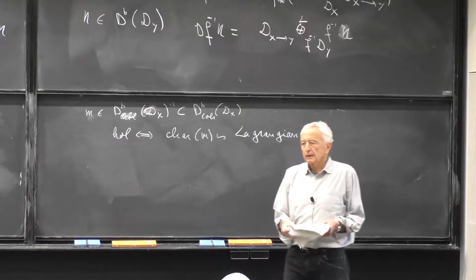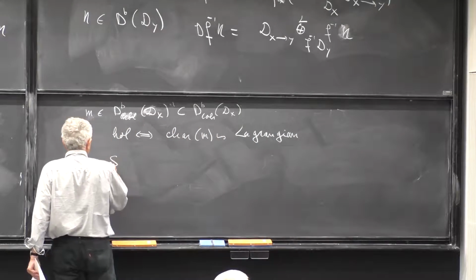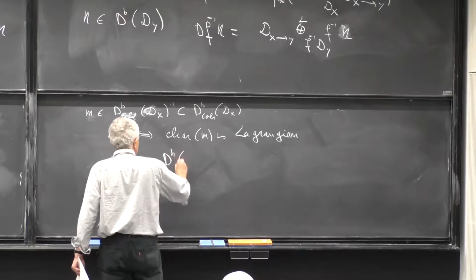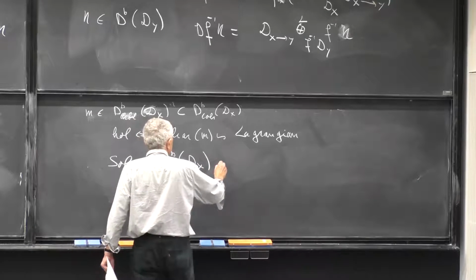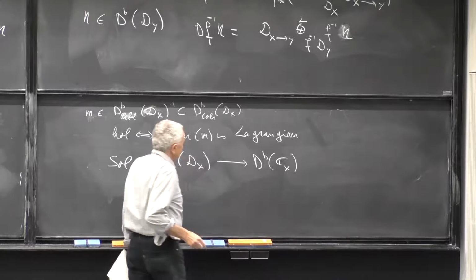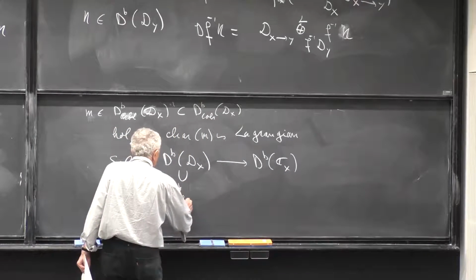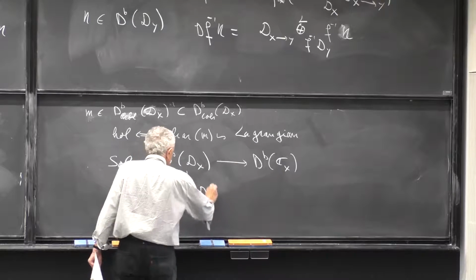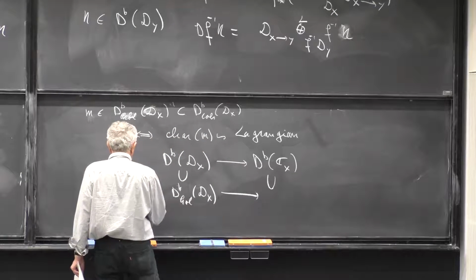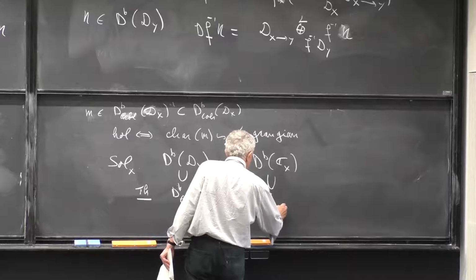Okay. So recall that we have the functor Sol, which goes from D^b(D_X) to D^b(C_X). Then here I take holonomic D-modules, and I say I will prove it. So it's a theorem that it goes in the category of constructible sheaves.